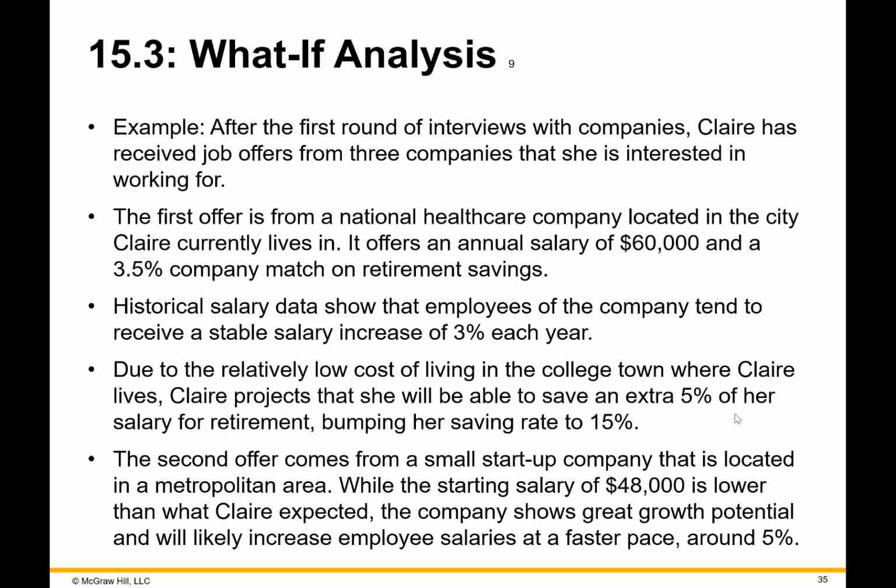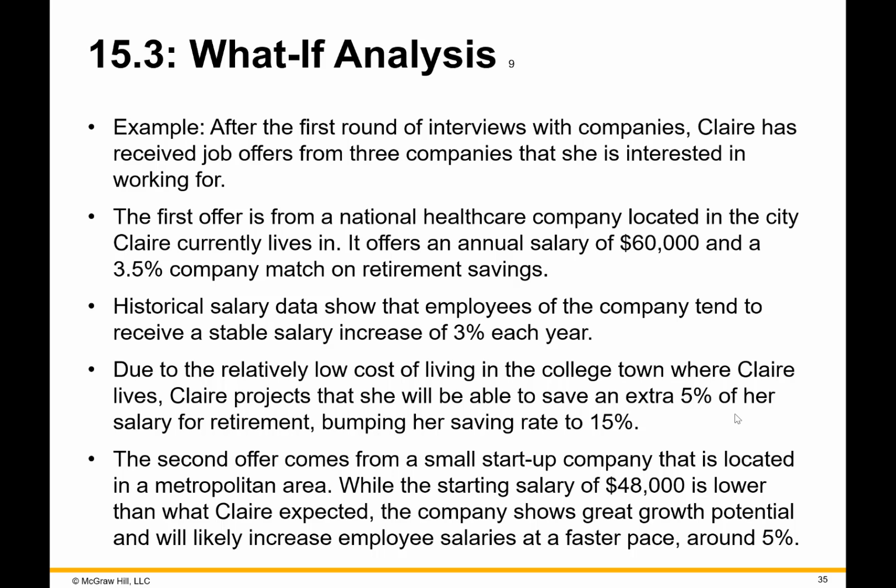It offers an annual salary of $60,000 and a 3.5% company match on retirement saving. Historical salary data show that employees of the company tend to receive a stable salary increase of 3% each year. Due to the relatively low cost of living in the college town where Claire lives, Claire projects that she will be able to save an extra 5% of her salary for retirement, bumping her saving rate to 15%.